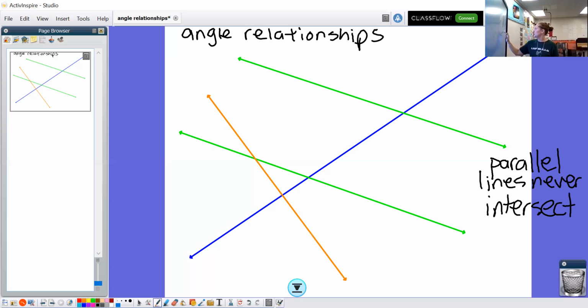So that's our first term, and then you can come back with your green highlighter at your table and also highlight in green parallel lines. I'm actually going to add just some arrows to help me understand that it's this line here and this line here.